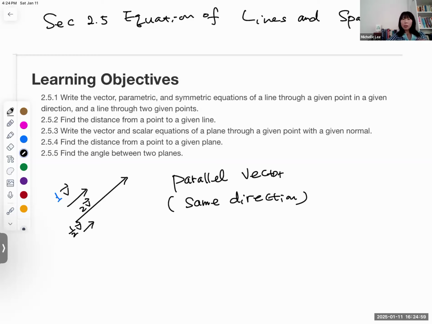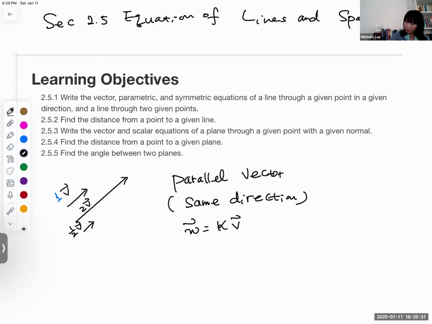Then we can express this as vector W equal to K, which is a scalar, times vector V. So we had K equal to 1 times vector V, K equal to 2 times vector V, and K equal to 1/2 times vector V, right?